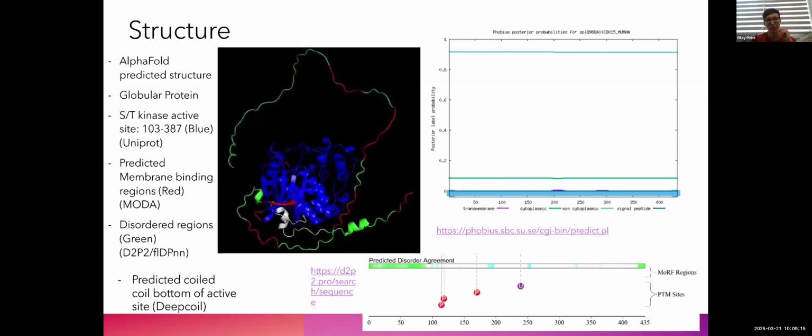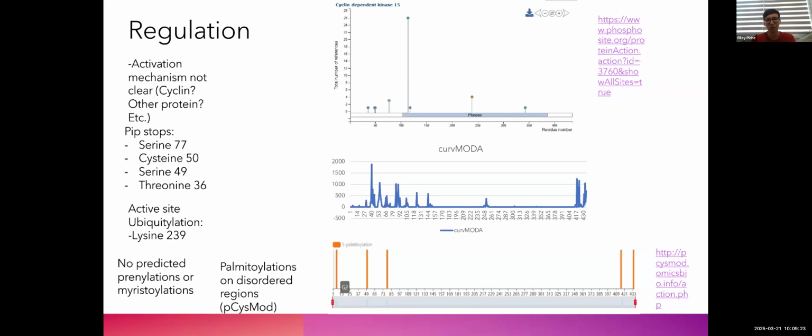And then the serine 77 PIP site is located just in the bottom membrane binding region in red at the bottom there. It also has a predicted ubiquitination site in the active site at lysine 239. Unfortunately, there were no predicted prenylations or glycosylations, but there are predicted palmitoylations in both the disordered N-terminal region and C-terminal region.